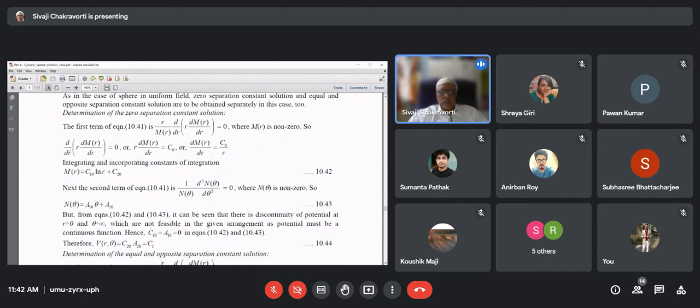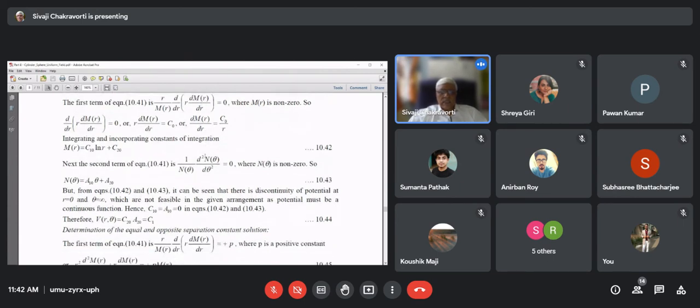By the way, one thing I explained, that in 10.43, that means that B is equal to 0, that solution gives rise to this one, equation 10.43. Here it is A10 into theta. Now there is a problem here. Theta, as you can see from here, is the angle as it is made. But if I rotate this r around the z-axis, then theta could be 2 pi, 4 pi, 6 pi, ultimately it could go up to infinity.